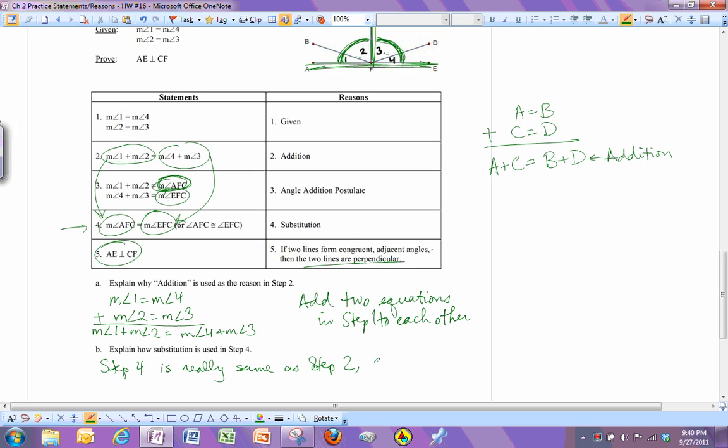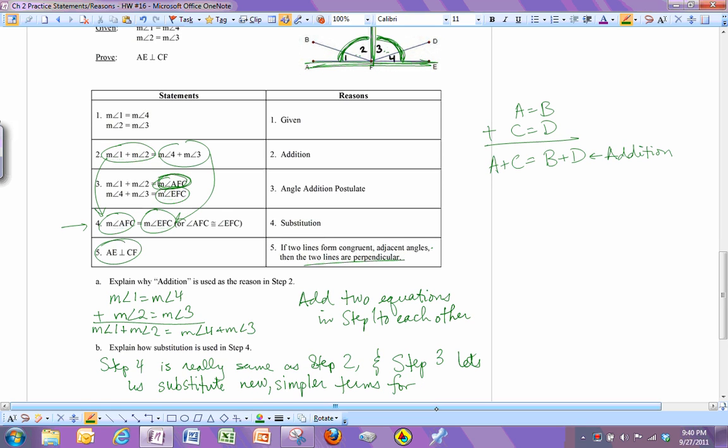So we can say, step 4 is really the same as step 2, and step 3 lets us substitute new, simpler terms in step 4.